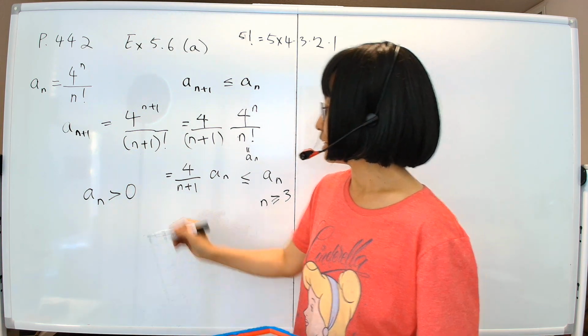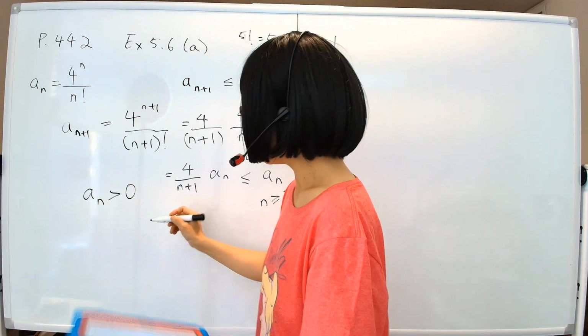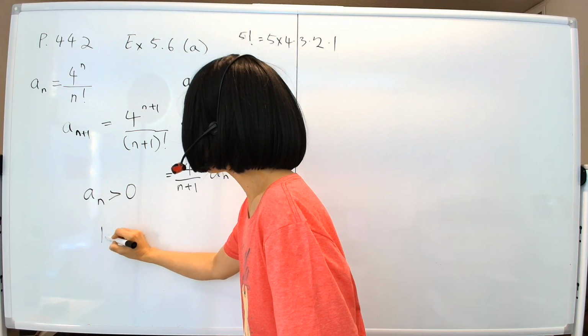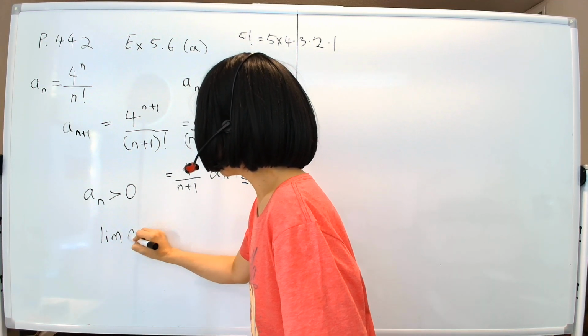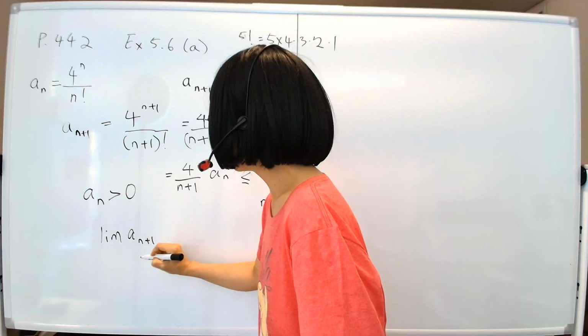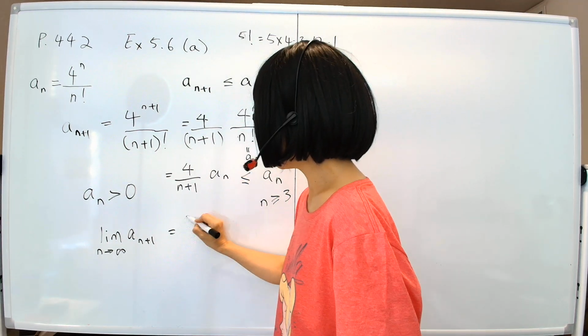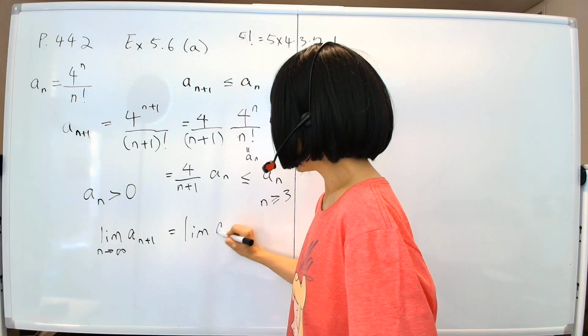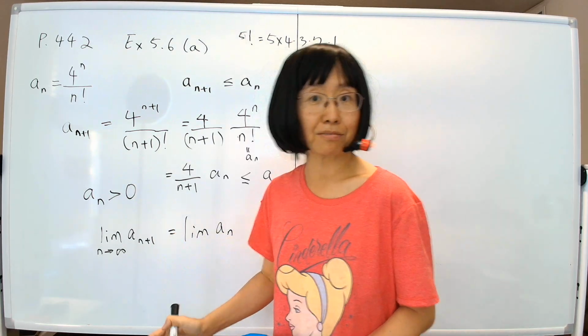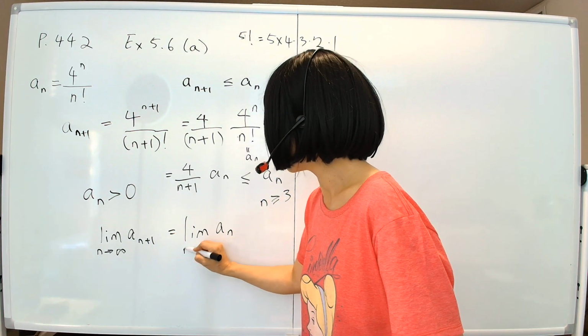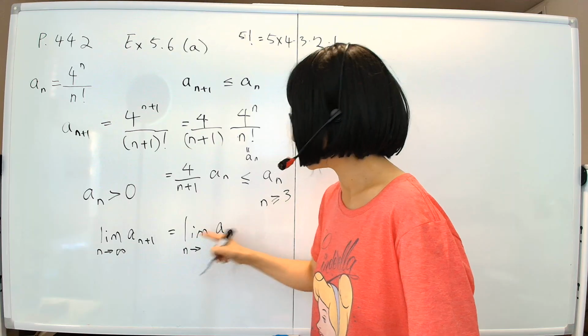What happens is that you argue that the limit of a(n+1), as n goes to infinity, is the same as the limit of an. Why is that? Because it's the same sequence. n is just going to infinity anyway, so it doesn't matter which one you're talking about.